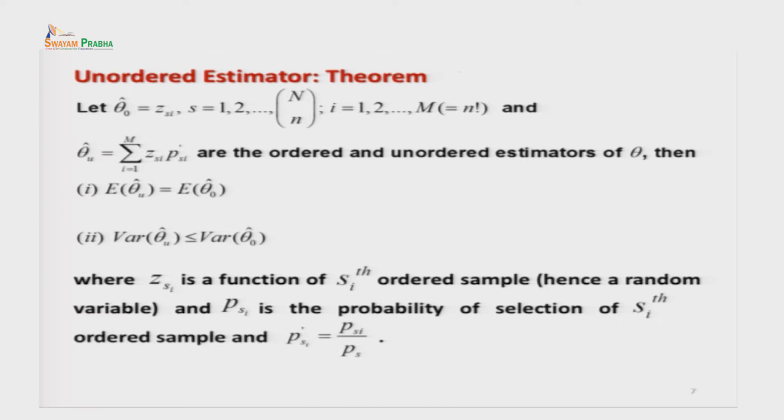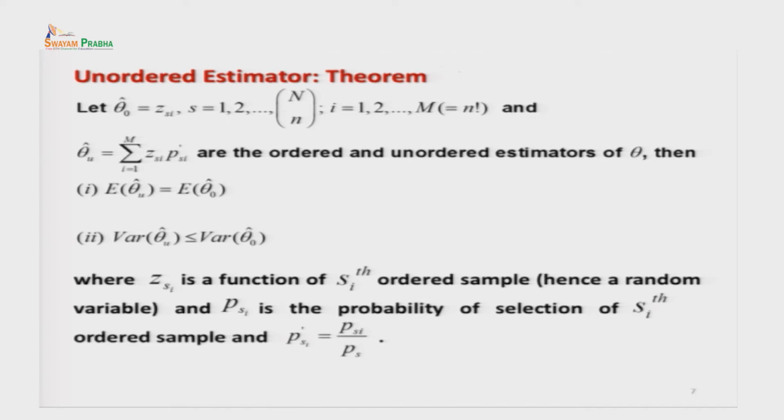Now we have different estimators. Now the question is, how are we going to combine them? We would like to combine them such that it gives us a nice result. So what we want is that properties like unbiasedness, smaller variance, etc., have to be satisfied.